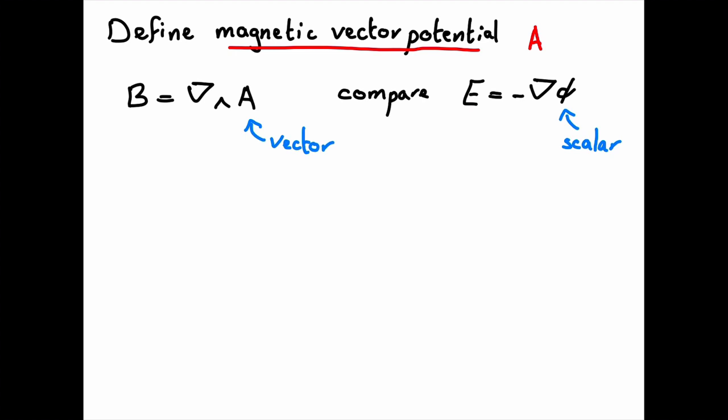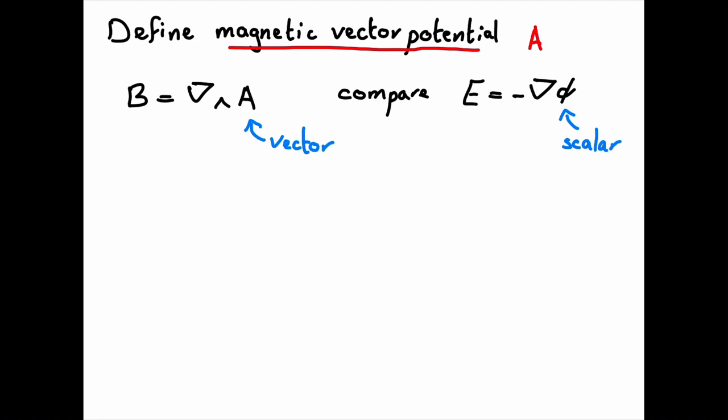So the scalar potential is for electric fields and the vector potential is for magnetic fields. We haven't come across A in electromagnetism so far, but it turns out that when we need to put magnetic fields into quantum mechanics, it's actually much easier to do this in terms of A than it is in terms of the field B. So that's why I need to introduce A at this point.